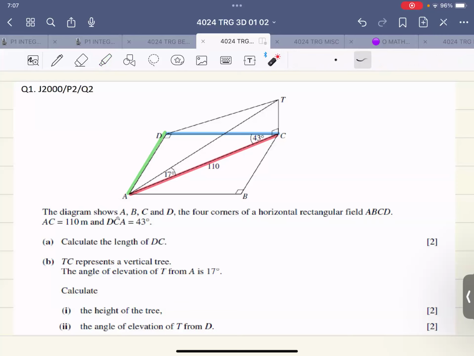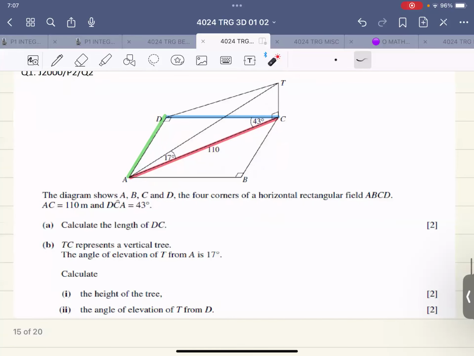This angle is with the ground. Ignore 17 degrees, that is something else. If I focus on this, this is 43. This DC is the adjacent of 43. So therefore, I'll apply cosine. 110 is opposite of 90.